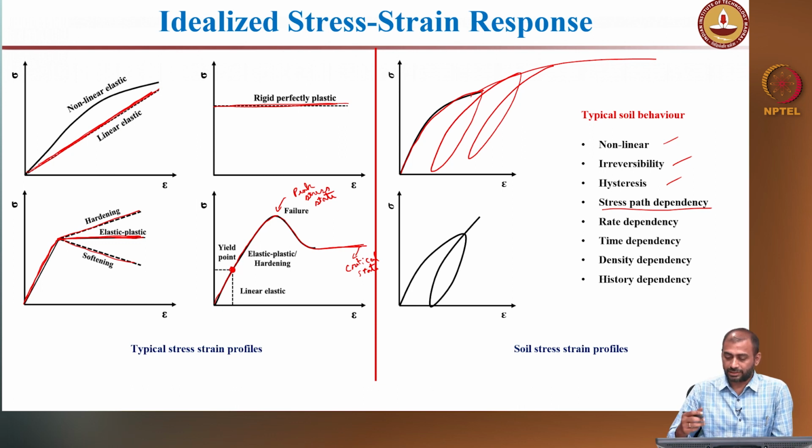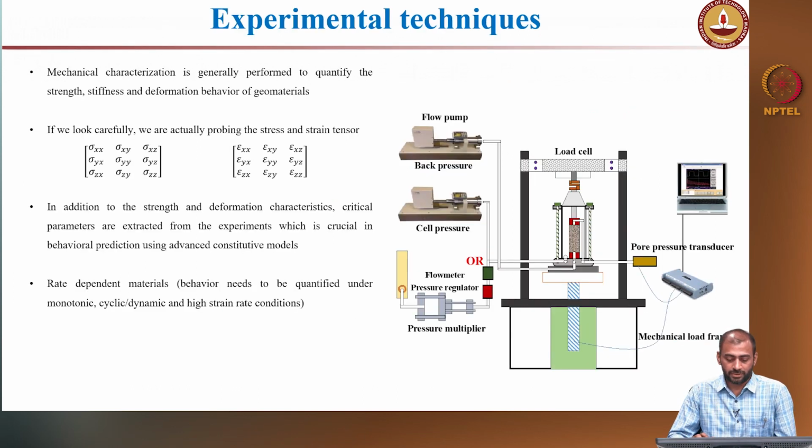So the challenge lies in modeling, considering all these aspects. Unlike any engineered material like steel or concrete, soil, a natural material, is extremely complex, and it's challenging to consider all these responses and model it, right?